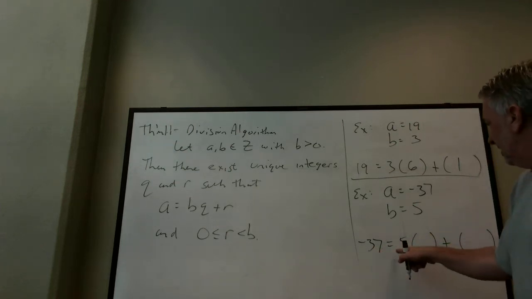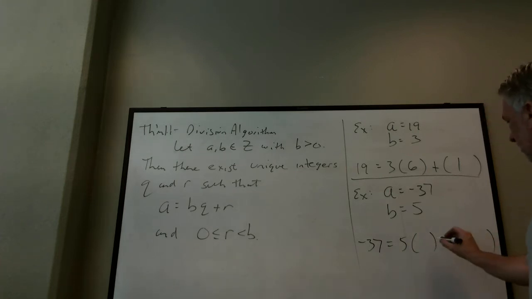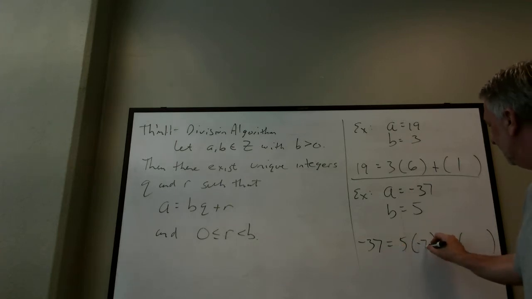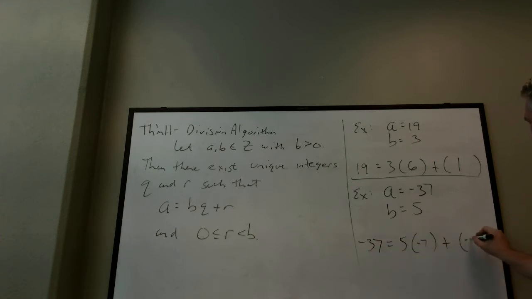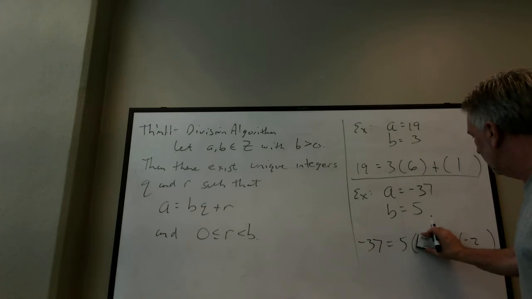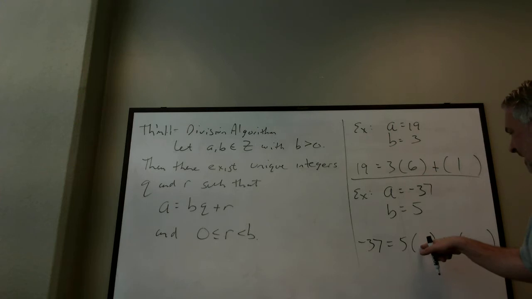Because if I say, oh, 37 divided by 5, well, that'd be 7, right? Plus what? Well, if I say negative 7, that'd be negative 35. What would have to go here to make this true? I'd have to have a negative 2, and r has to be positive, so that doesn't work. So you have to be careful with the negatives. If I have to put a 0 or a positive number in for r, that means negative 7 is not good enough.